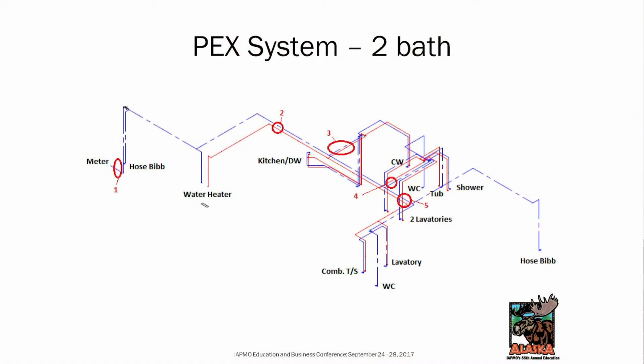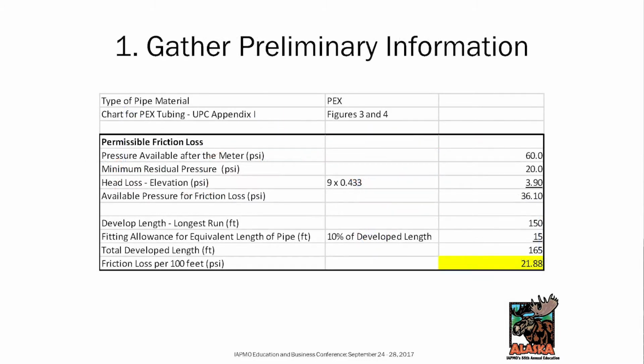Let's take a look at the PEX system. And what's different about this is now we have some branches that are supplying manifolds. Pipe section 3 and pipe section 4 are supplying manifolds. You would do the same thing again, your preliminary information.